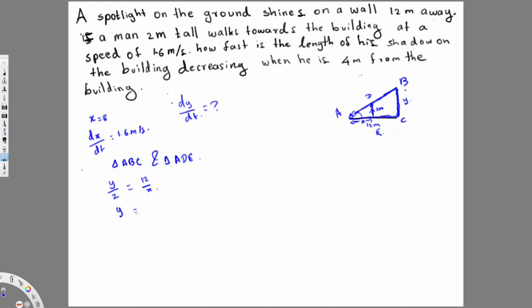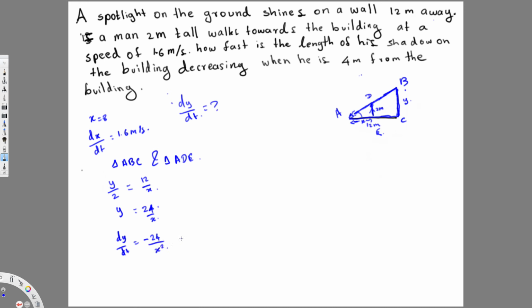So y is equal to 24 over x, and if I find the derivative, dy/dt, you can write it as 24 x to the power of minus 1. The derivative is minus 24 x to the power of minus 2. I can write it as minus 24 over x squared.